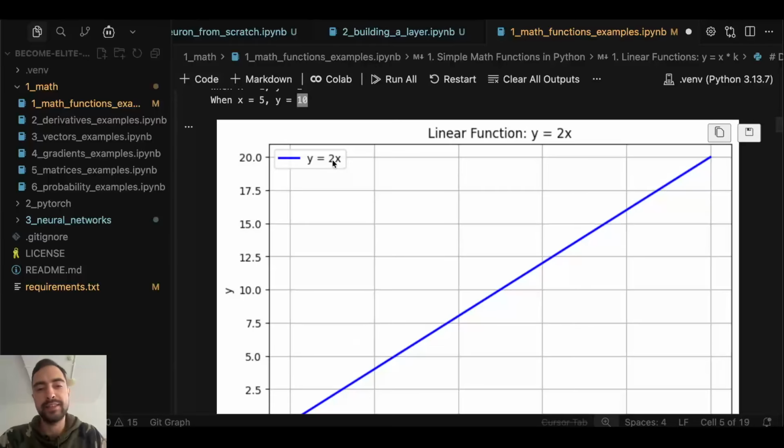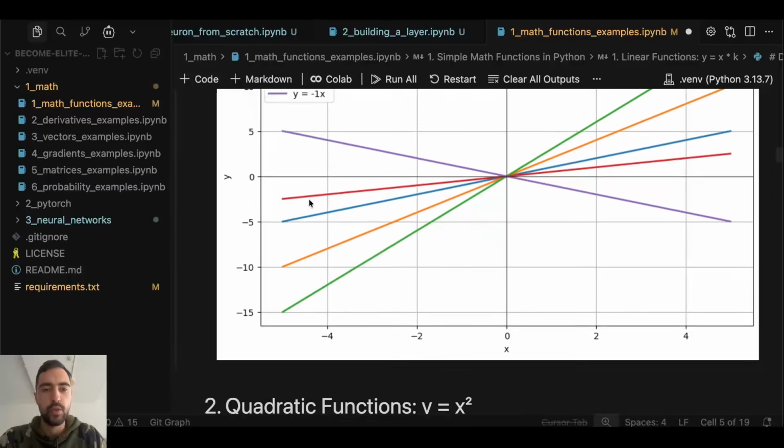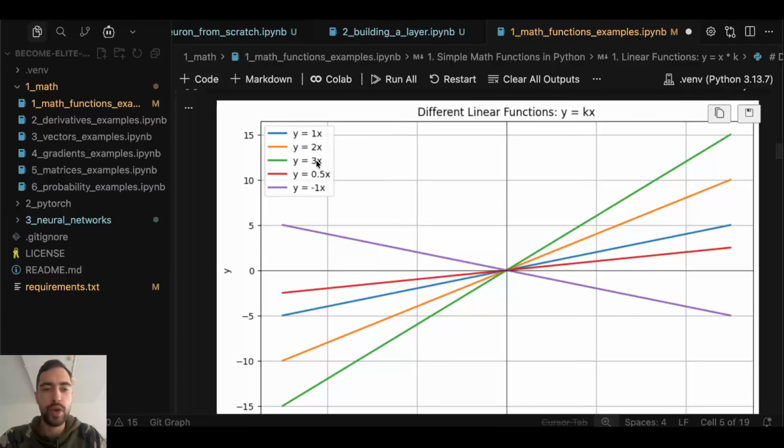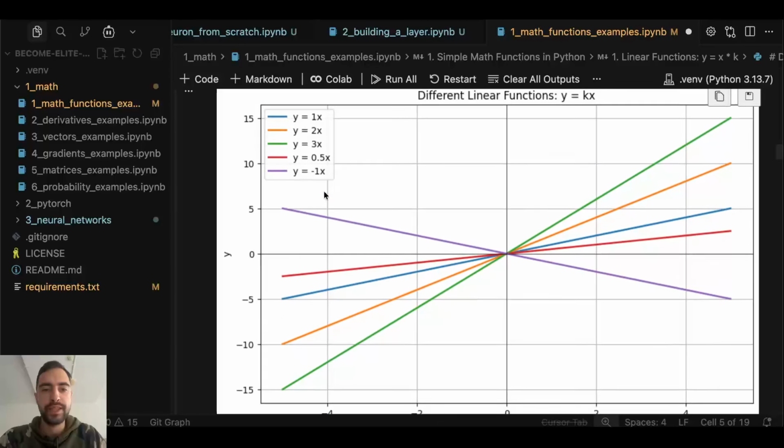And let's see what happens if instead of having the number 2 here, we have some other numbers. So y is equal to 1x, 2x, 3x, 0.5x, minus 1x. This number will determine the slope of this linear function. The 3x, which is the highest number here, will also have the highest slope.